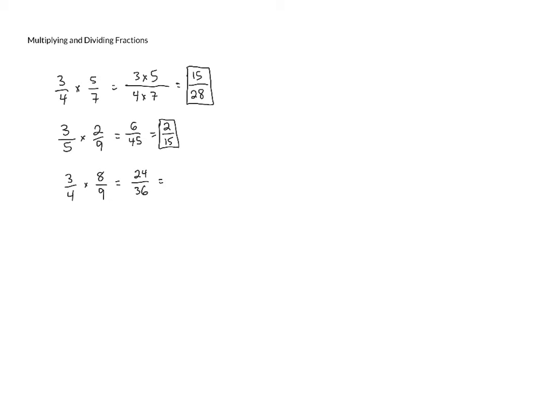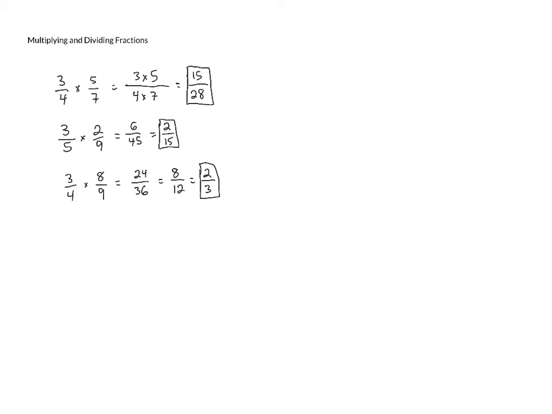Both of these are multiples of 3, so we can reduce by a factor of 3. 24 divided by 3 is 8, 36 divided by 3 is 12. And then we can reduce by a factor of 4, because 8 and 12 are both multiples of 4. 8 divided by 4 is 2, 12 divided by 4 is 3, and we get 2/3.